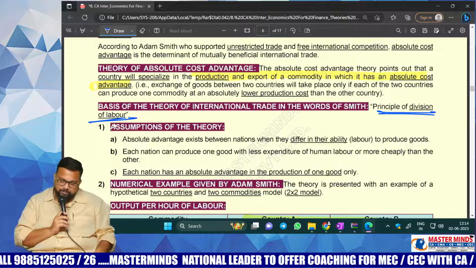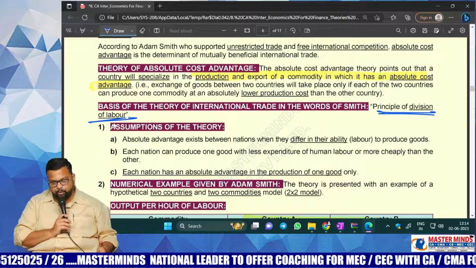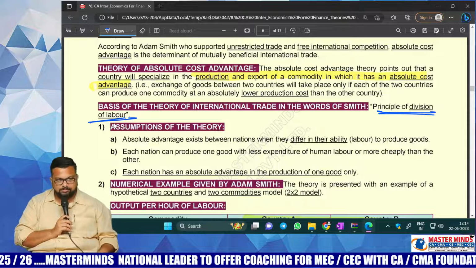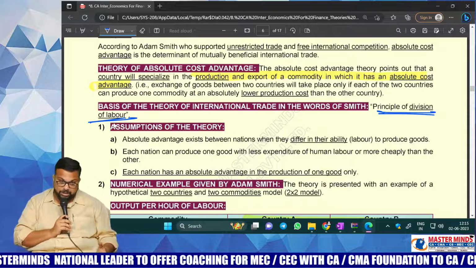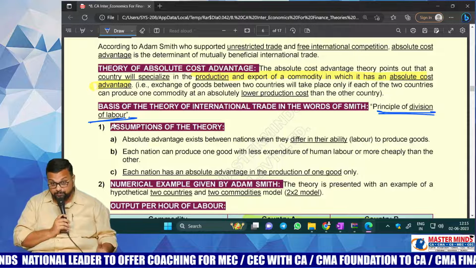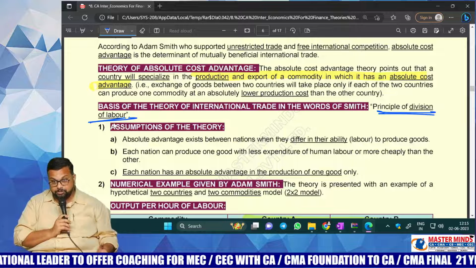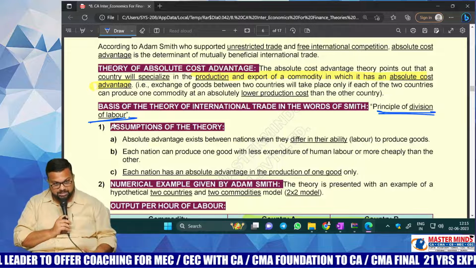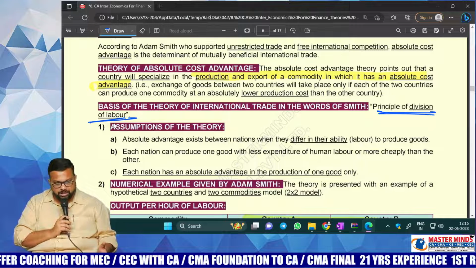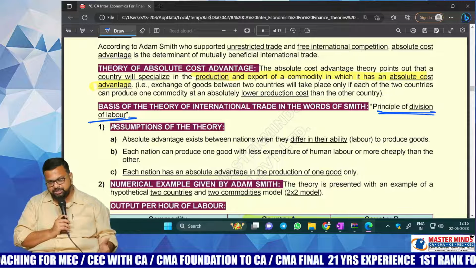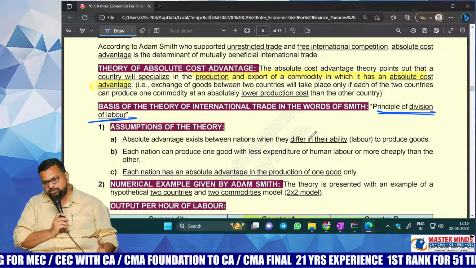For example, we have huge amount of population both in China as well as in India. But in India, we have skilled software people. In China, we have skilled manufacturing people. So in both the countries, we have labor, but skill level differs from country to country. So Indians are known for producing software at much lower rates, and Chinese are known for producing manufactured goods at much lower rates.